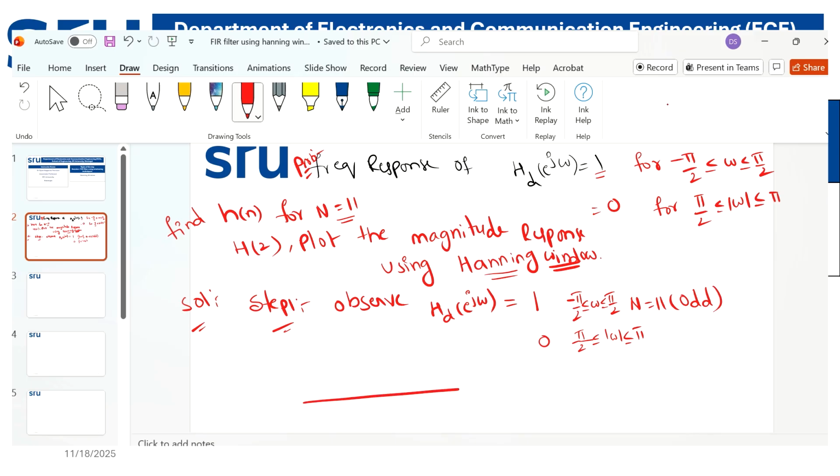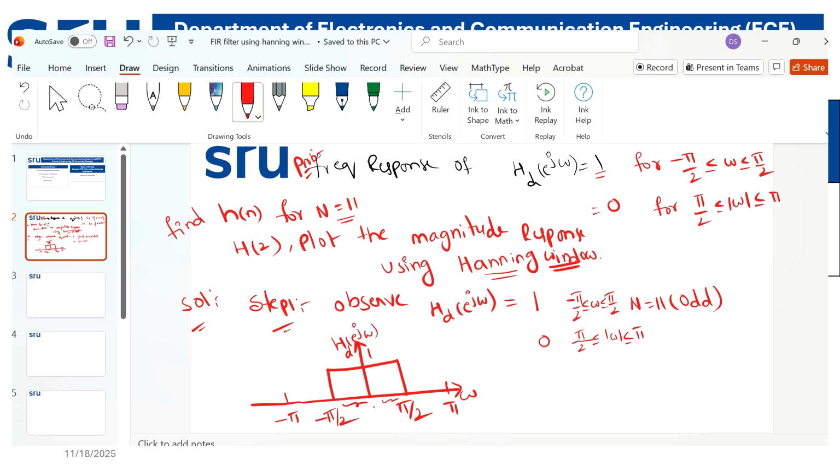Then if I draw this frequency response, the x-axis is omega, that is minus pi by 2 to plus pi by 2, and the remaining, minus pi to minus pi by 2, it is 0, as well as plus pi by 2 to plus pi, it is 0. Now if you identify this Hd of e power j omega, you have the symmetric property.